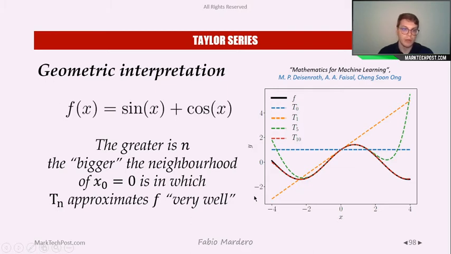So the greater n is, the bigger the neighborhood of x0 equal to 0 in which the Taylor polynomial of degree n approximates f very well.